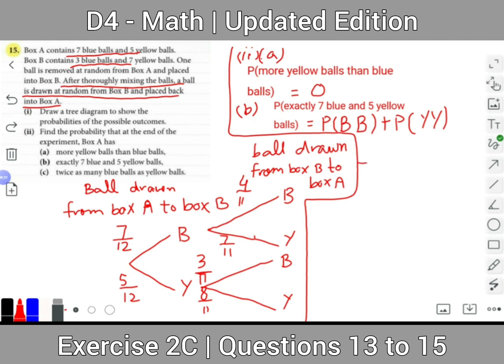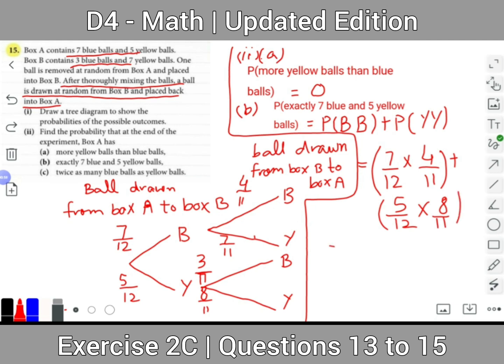From the tree diagram, for the ball drawn from box A to box B, the probability for the blue ball is 7 over 12, multiplied by, from box B to box A, 4 over 11, plus, when the yellow ball is drawn from box A to box B, the probability is 5 over 12, multiplied by the probability for the yellow ball drawn from box B to box A, which is 8 over 11.